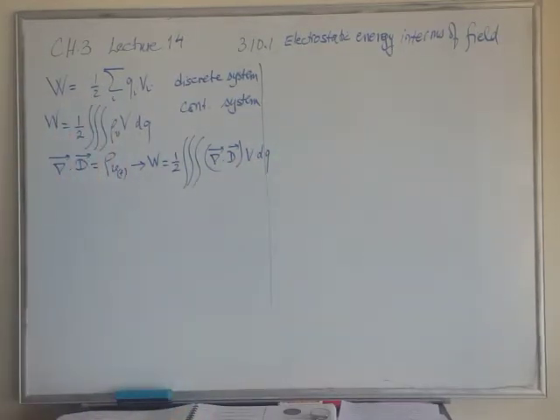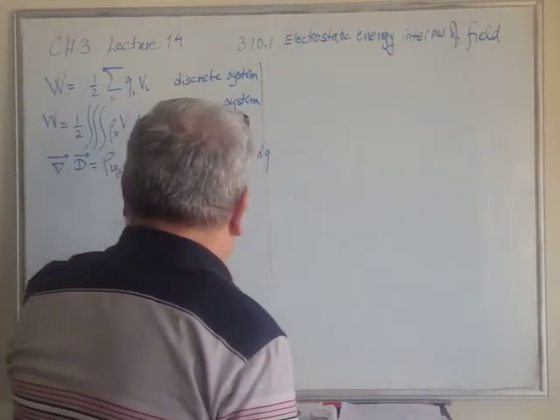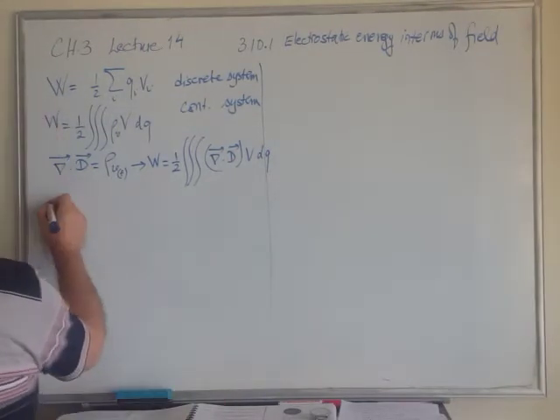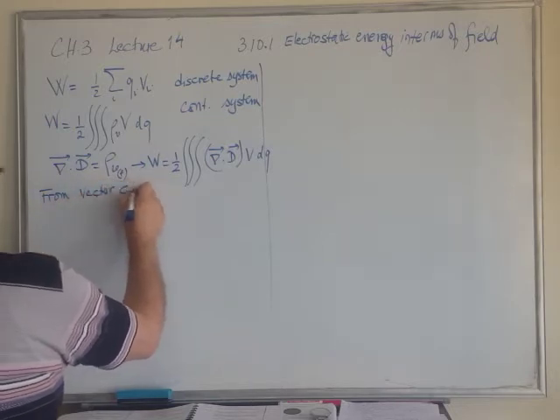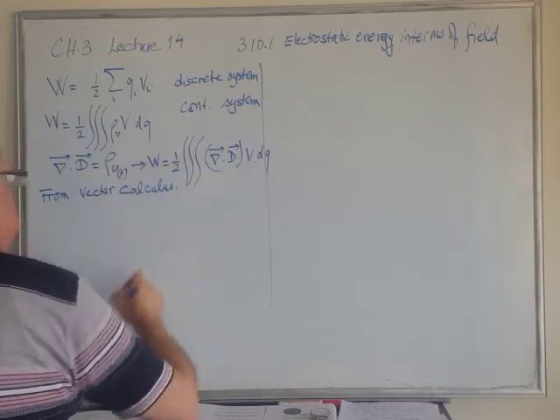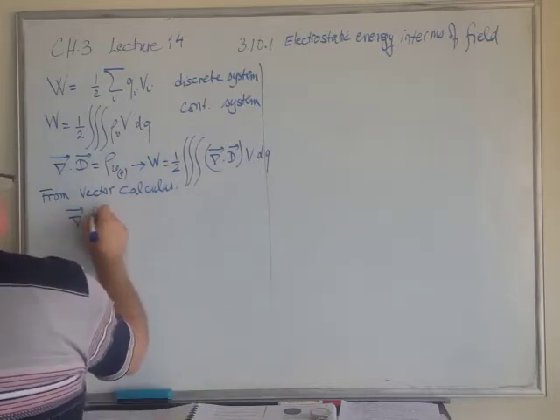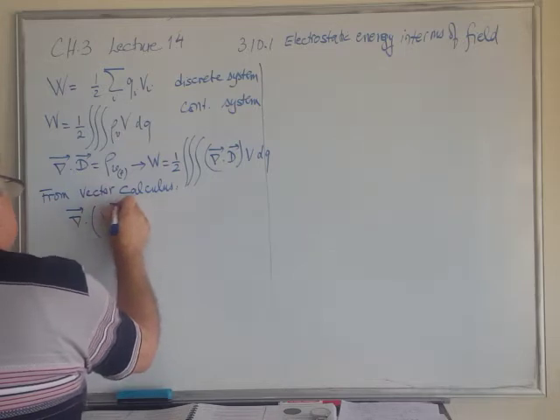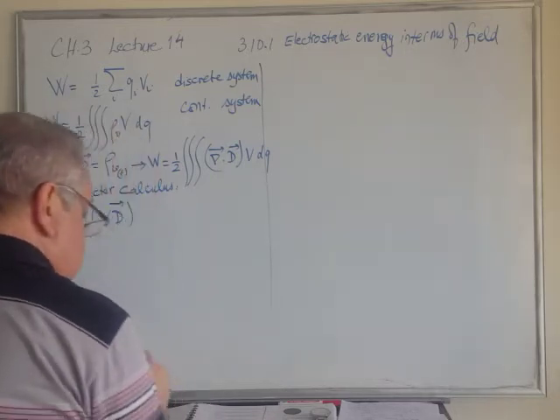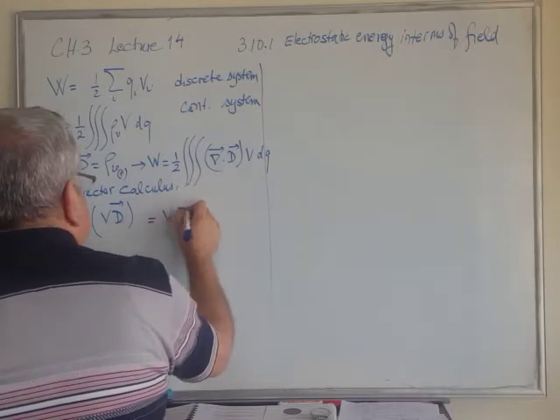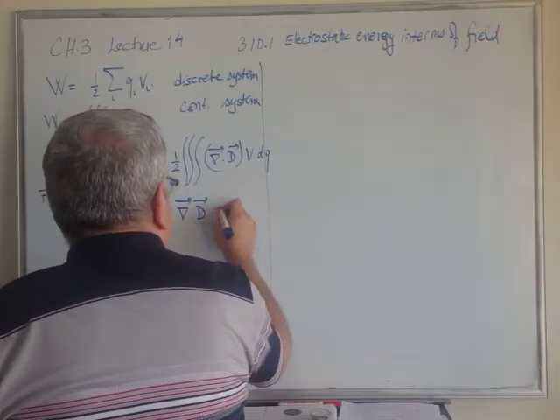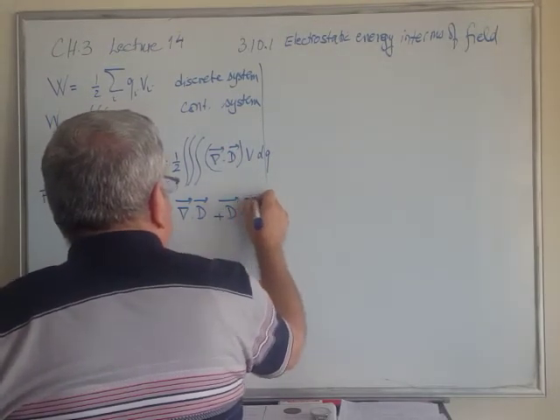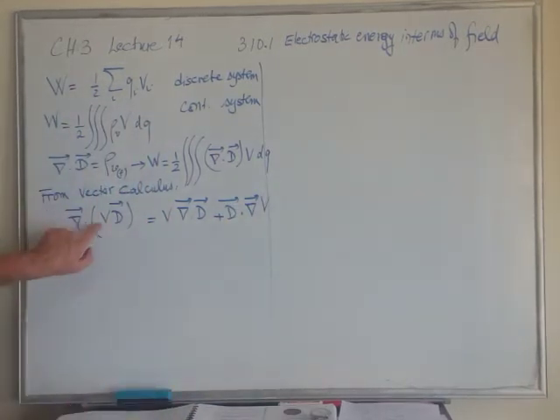But from our knowledge of vector calculus, we know that the divergence of a vector, which is a scalar V multiplied by a vector D, is equal to V times the divergence of D only, plus D dot grad of the scalar function V. V is a scalar function, D is a vector.